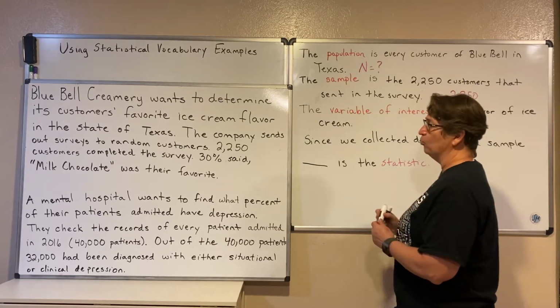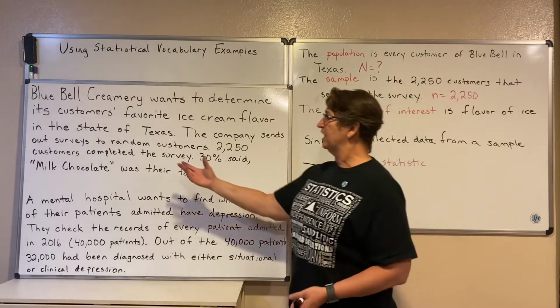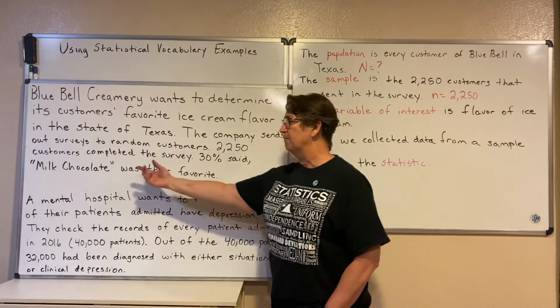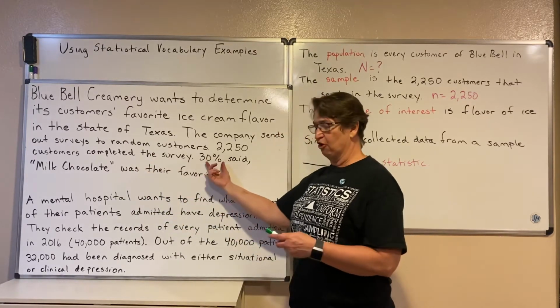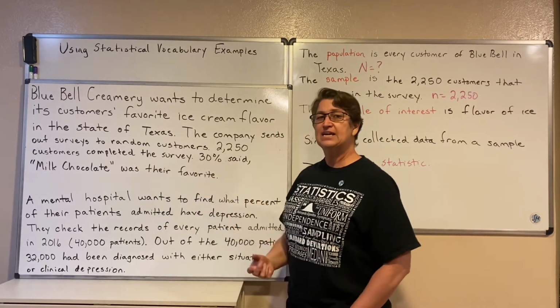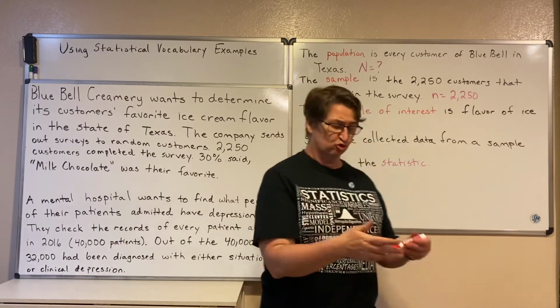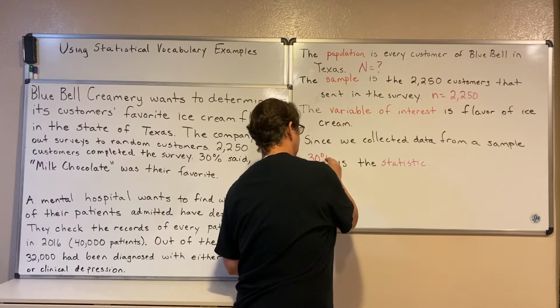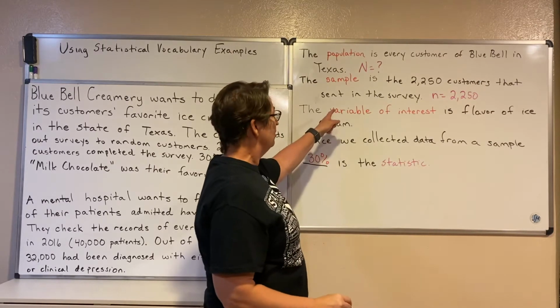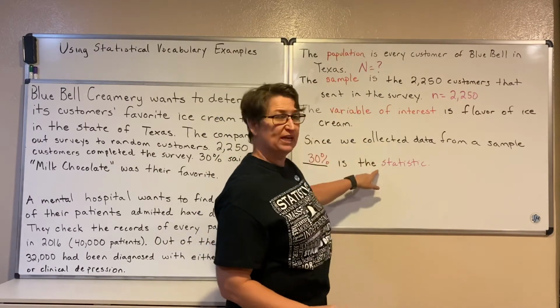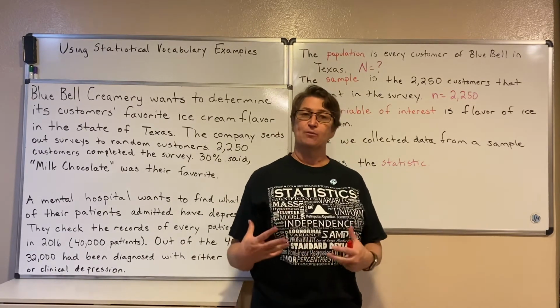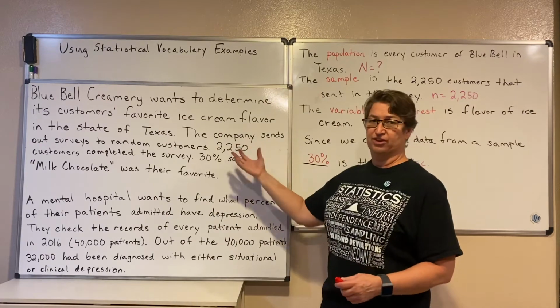So what is that one number? Well, once they've collected it all down, this proportion of people who said milk chocolate, this 30% right here, is one number that is describing my data. That 30% came from a sample, and since it came from a sample, it is a statistic. So there's how we can use that vocabulary to help us with a scenario.